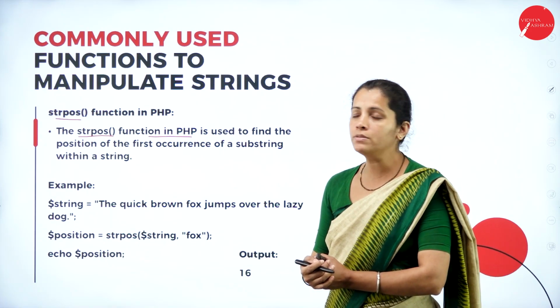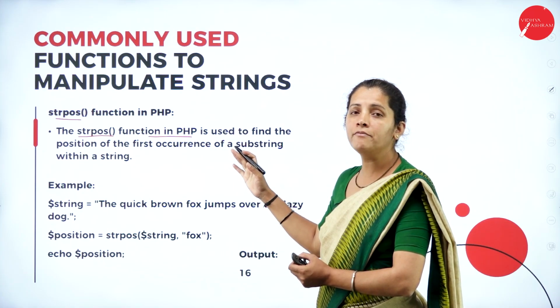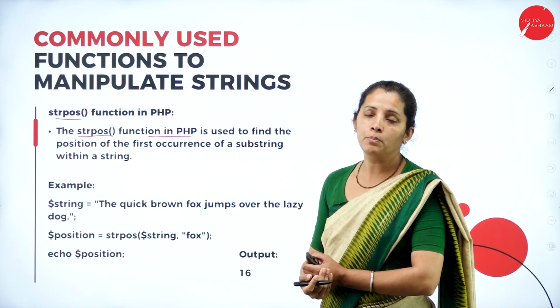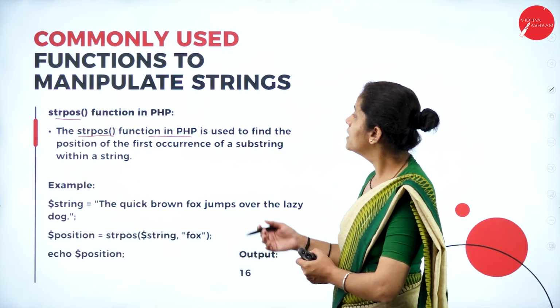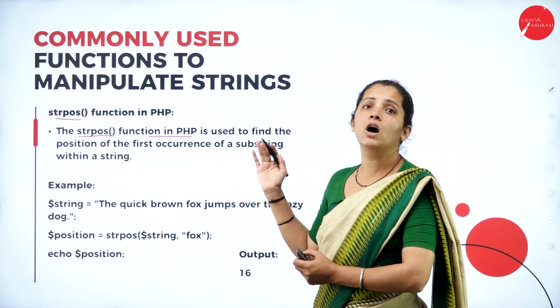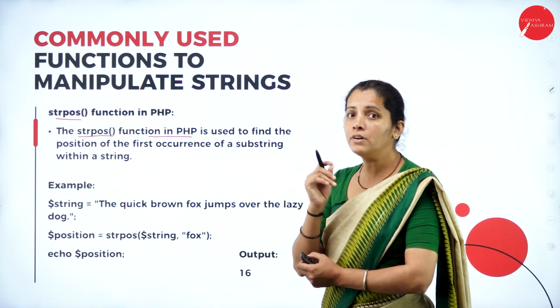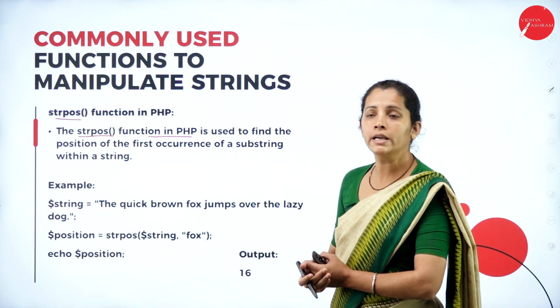Even if the same word is present two or three times, by using the strpos function I am going to get the first occurrence of this string. First occurrence means the first time it has appeared, that position you are going to get.